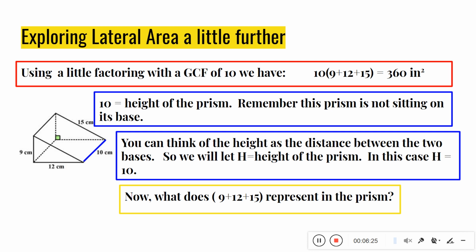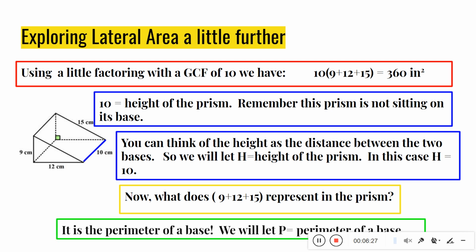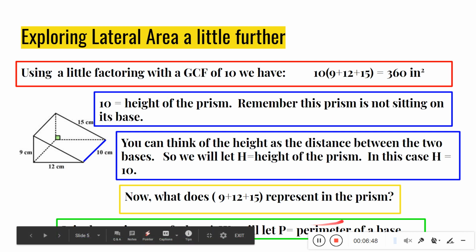Okay, hopefully you realize by now that it's the perimeter of the base. 9, 12, and 15. And this base would be the same, 9, 12, and 15. The 9 plus 12 plus 15 we're going to call capital P to stand for the perimeter of the base.